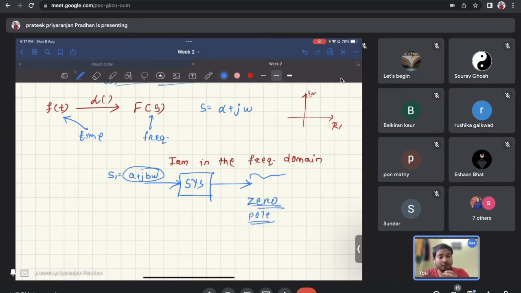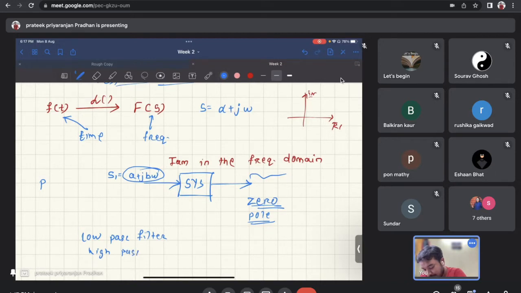From the numerator and denominator, if we equate the numerator to 0, you will be getting the zeros, and the denominator to 0, you will be getting the poles. Just think about designing a band pass filter or some low pass filters or high pass filters.